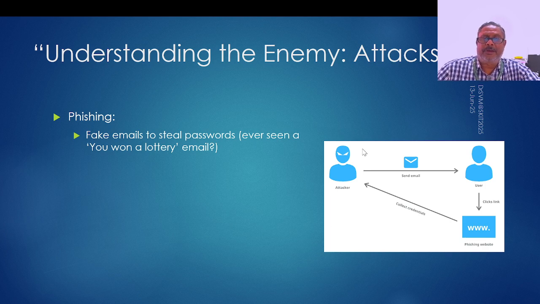In this case, an attacker sends an email to the user, and of course it is a fake email, which says to click on some link. Once the link is clicked, the information from the user is automatically transferred to the attacker.